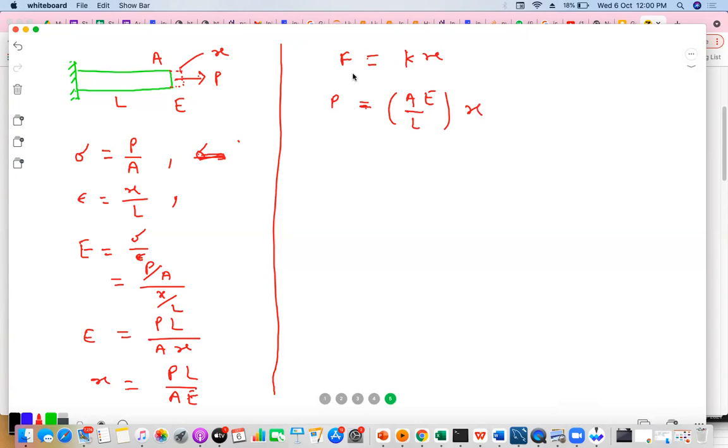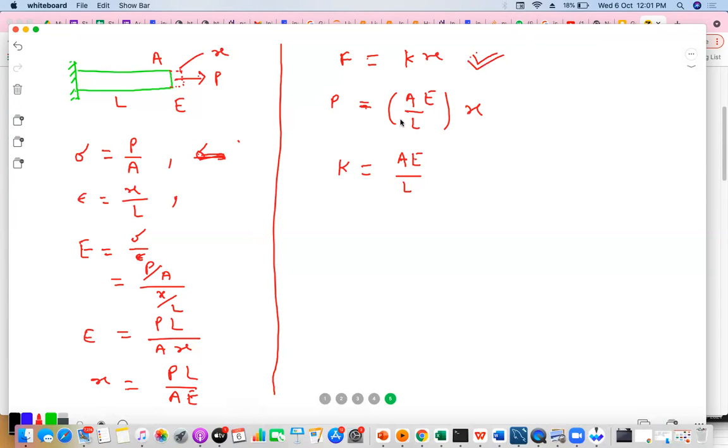So comparing these two equations, I can write K is equal to A into E upon L, right? What I have done is simply found the displacement and rearranged it to look like a spring equation.